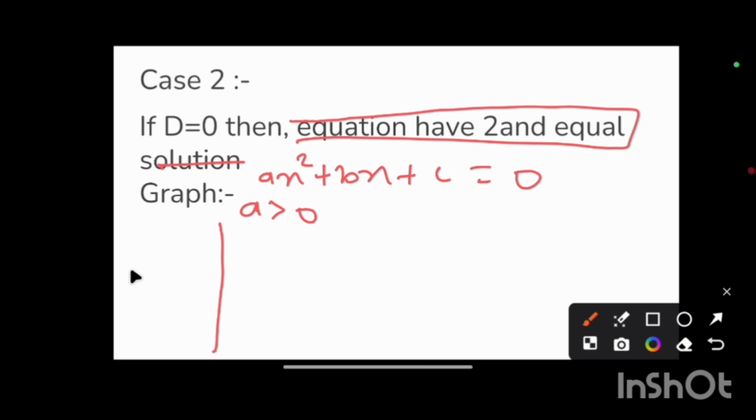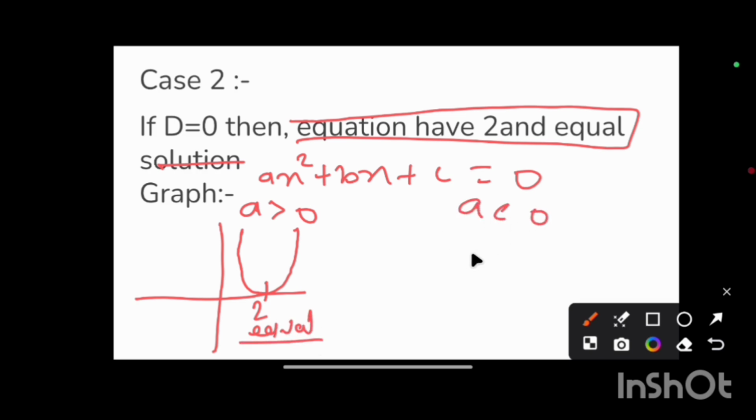The parabola touches the x-axis, and it is a point where two equal solutions exist. And if a is less than 0, then your graph is like that parabola which is touching the x-axis like that, and it has two equal solutions.